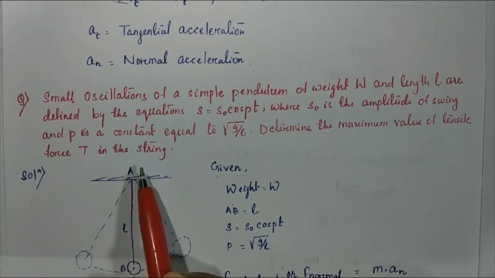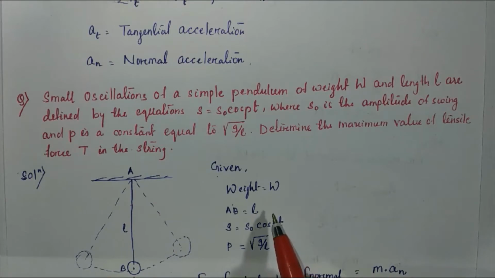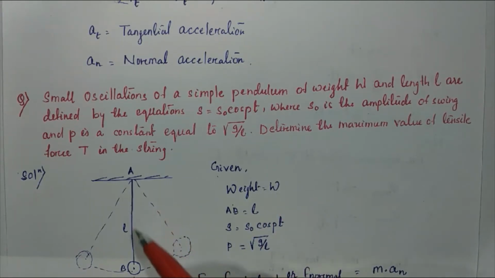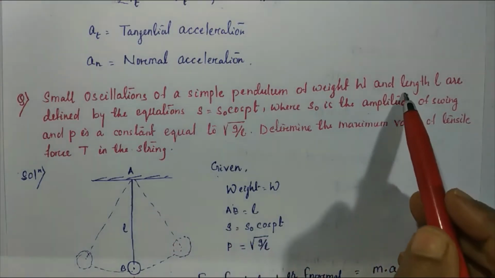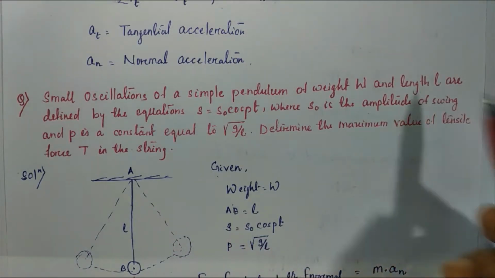According to the question, the data given are the weight of the pendulum, W, and the length of the string, AB, which is equal to L.